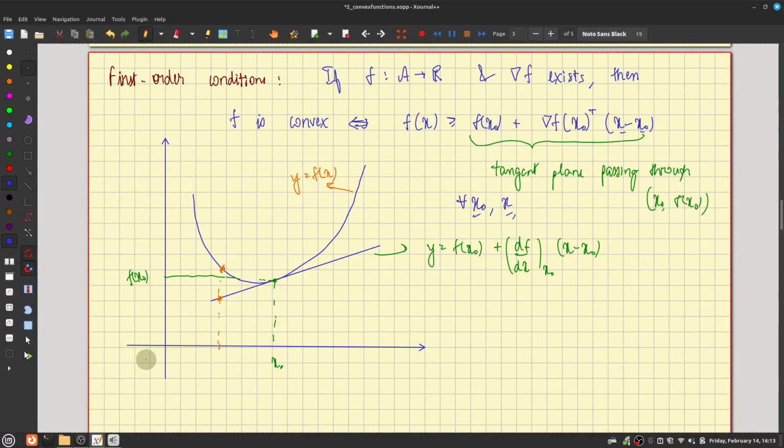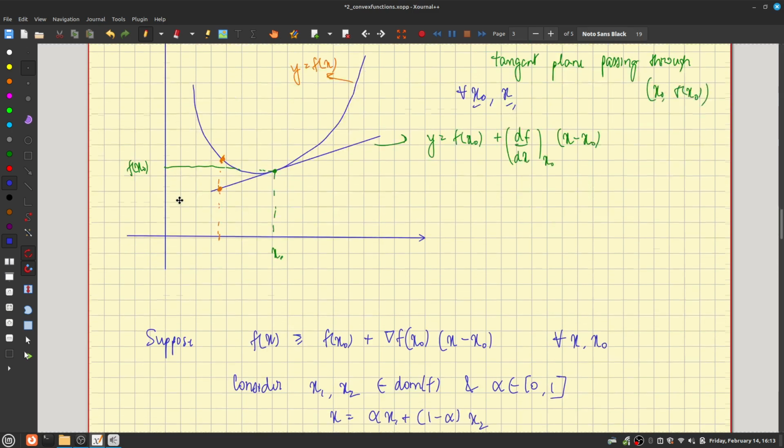Likewise, there's also the notion of the first order conditions. So f is convex if and only if f of x is greater than or equal to f of x naught plus the gradient of f at x naught times x minus x naught. At x equal to x naught, the left hand side and the right hand side are always equal.